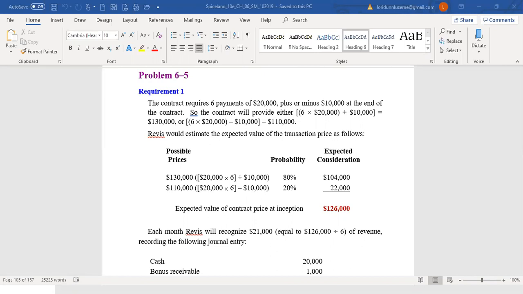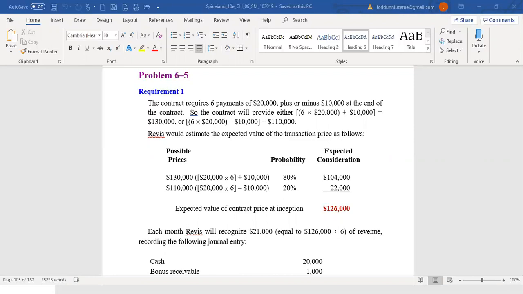January 1, Revis Consulting entered into a contract to complete a cost reduction program for Green Financial over a 6-month period. Revis will receive $20,000 from Green at the end of each month. If total cost savings reach a specific target, Revis will receive an additional $10,000 from Green at the end of the contract.